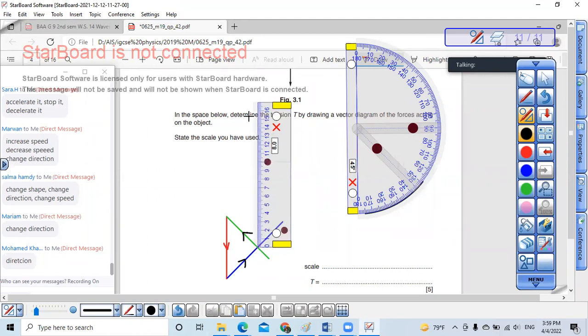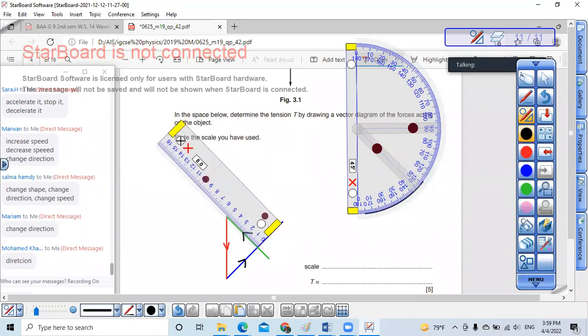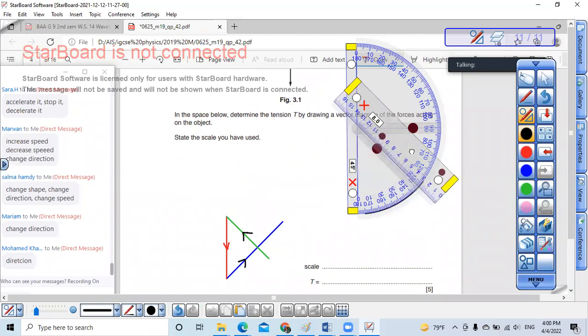So I'll bring my ruler and measure how many centimeters here, which is approximately 5.1, that means 5.2, divided by 2, because I have a different scale from the main scale. By using the calculator, the tension will be approximately 255 Newton.